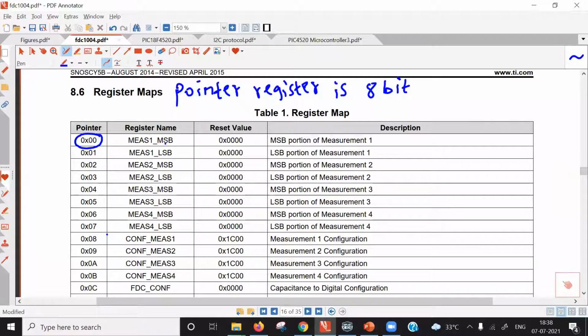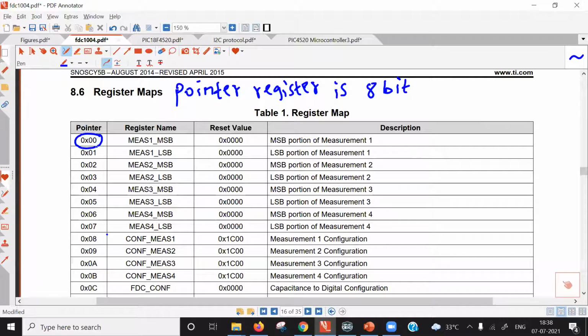Remember, if you have loaded the pointer with 0x00 and you perform a read operation from the slave device, then the master will read data from the register pointed to by the pointer, and the pointer is now pointing to the MES1 MSB register since it is loaded with 0x00.